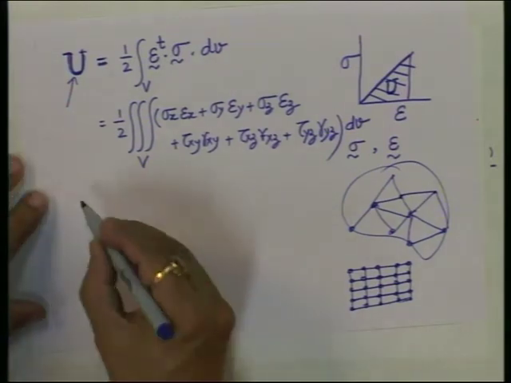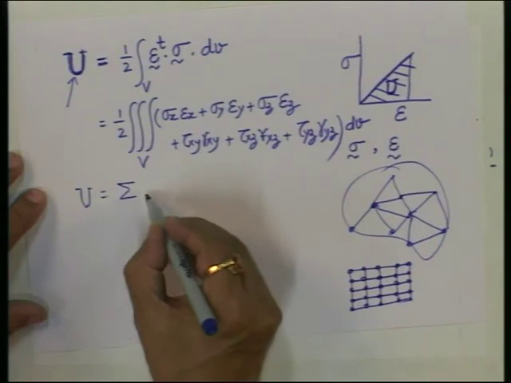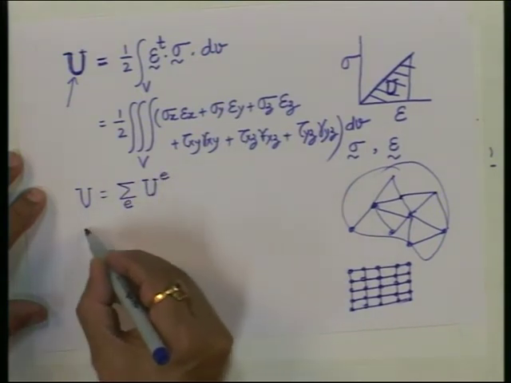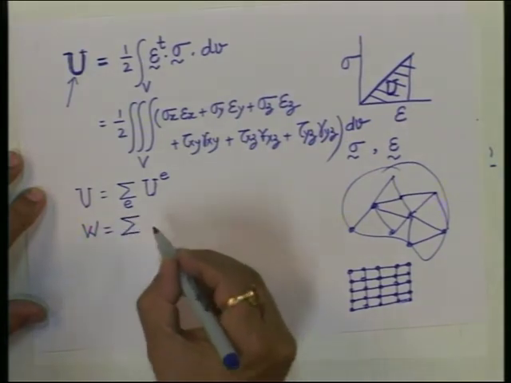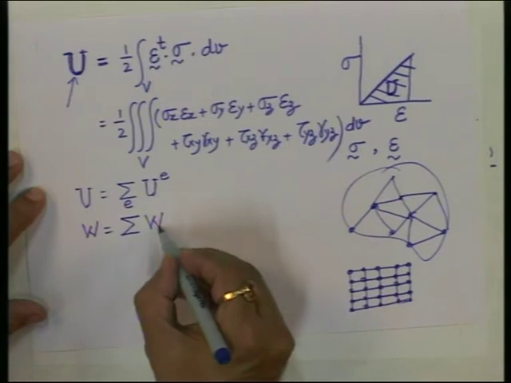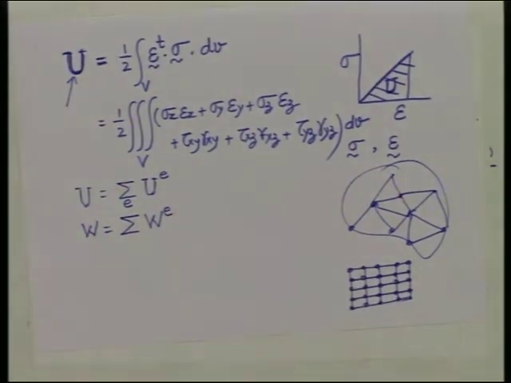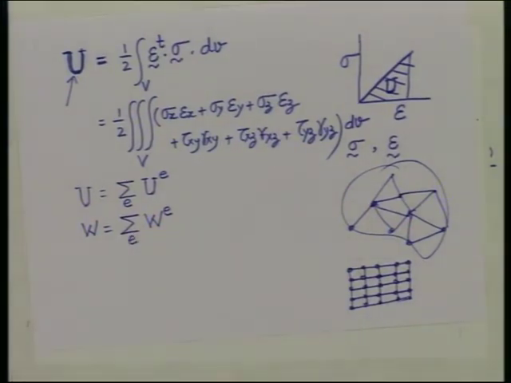So, U is sigma UE, summation over elements. Similarly, W, the total work done, will also be the work done by the forces over the entire body. Both these quantities are scalar, summed over the elements.